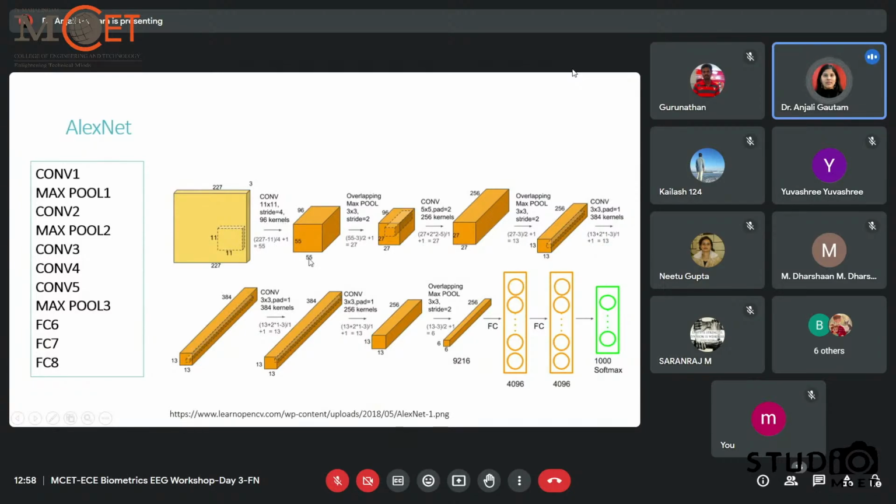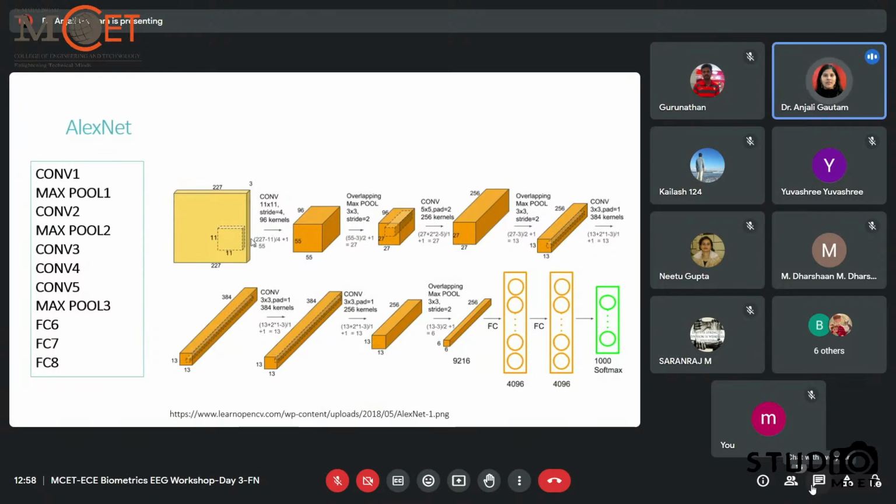If you want to find the size of the next block or image you will get for 96 filters, it is 227 minus 11 divided by the stride size plus 1, so that is 55. Then again convolution, then again convolution, max pooling, and fully connected layers, and finally a 1000-way softmax.